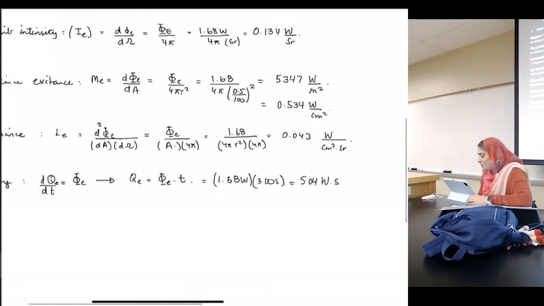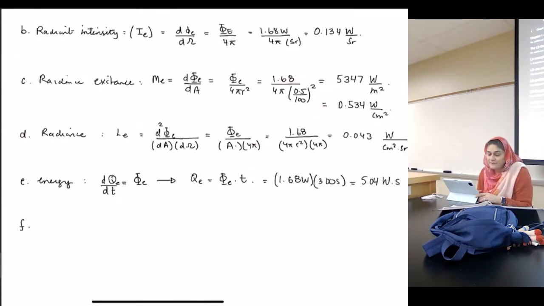Watt seconds or joules? Irradiance received by the eye 100 centimeters from the bulb if the pupil is open to the diameter of 6 millimeters. Okay, so how do we do this? What do I know?